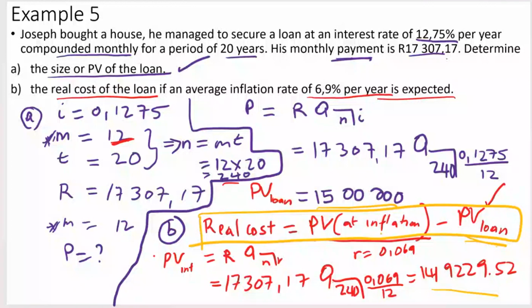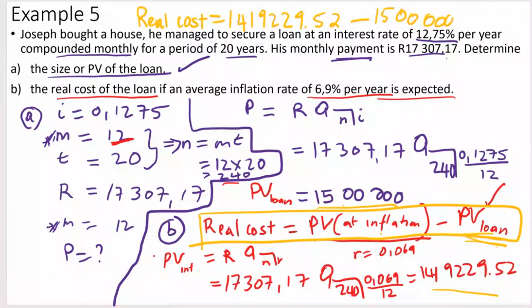You subtract and then you get the real cost of your loan. All right, so what we are saying is the real cost is going to be equal to the present value at inflation, which is 1,419,229.52, minus the present value of your loan, that 1.5 million, which is 1,500,000.